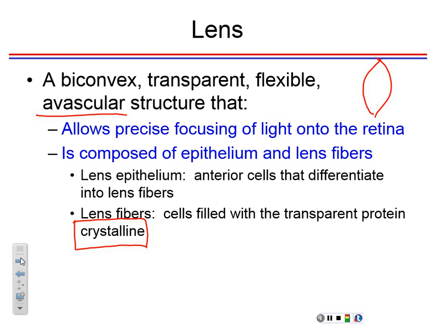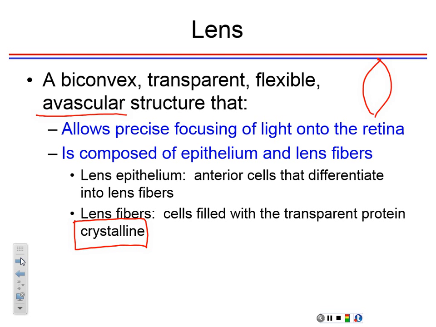So the lens fibers have to be oriented strictly in straight lines, in a very orderly fashion, so that the refractory properties, the clarity of it, are maintained. Because if things are all over the place, it's murky. That contributes to the clarity, and to the refractive index of the lens.